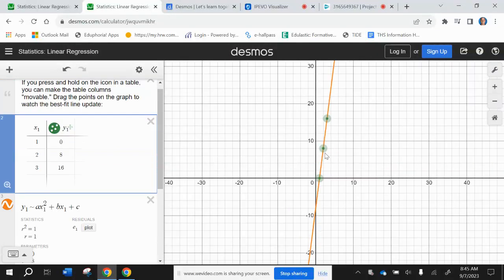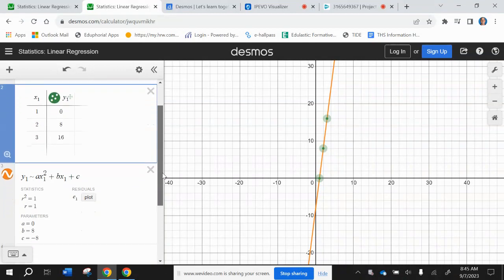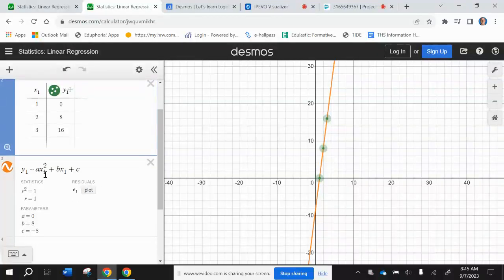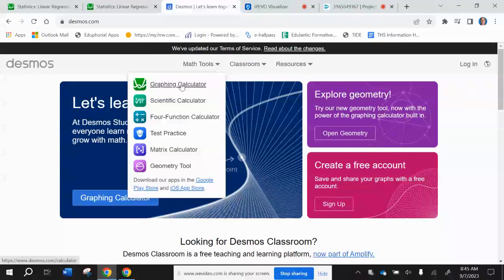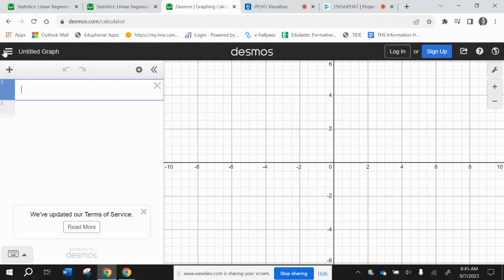Now, the points look like they go through, and it says it's a perfect match, but here's the thing. A is 0, so this goes away. So this is basically saying it's a linear regression, okay? So far, we're saying it's a linear regression. Let's check exponential.